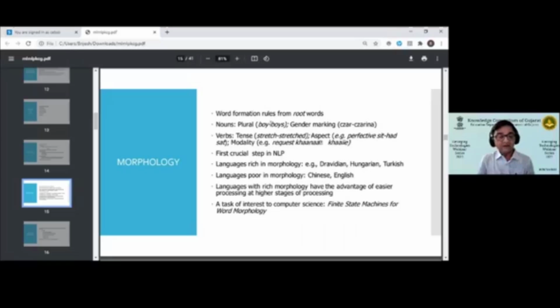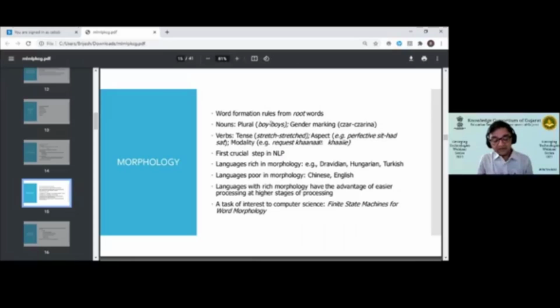And why do we need to do this? For two reasons. One is that the dictionary contains entries only for the root word. So if you want to get the meaning of a word, you need to look into the dictionary. And to look into the dictionary, you need to go to the root form. And the second thing is that the inflection, or the letters before and after the root word, actually conveys something.